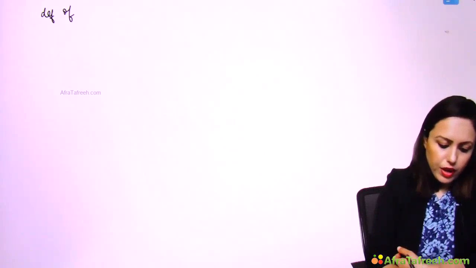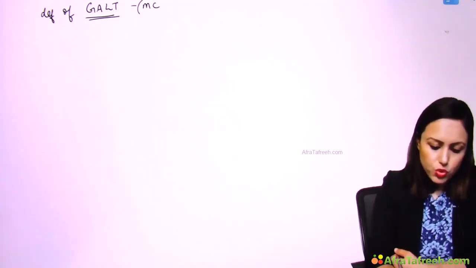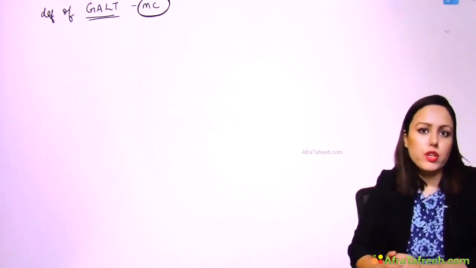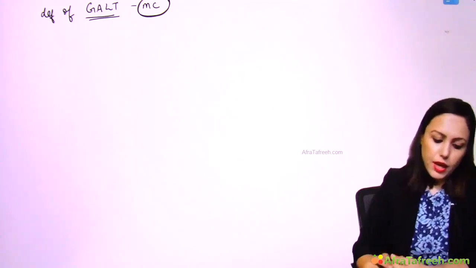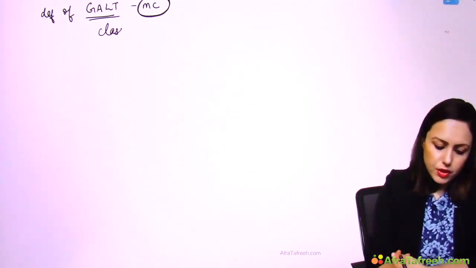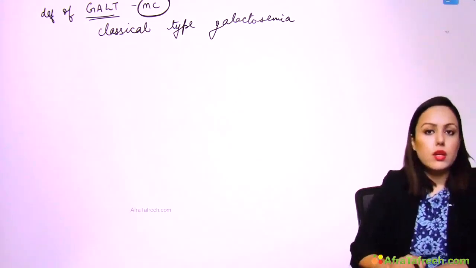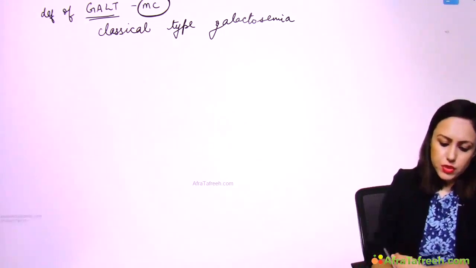Okay, now coming to deficiency of GALT, the second enzyme of galactose metabolism. This is the most common enzyme to be deficient in galactosemia, and the deficiency of this particular enzyme is known as classical type galactosemia. Here, let's see what happens.